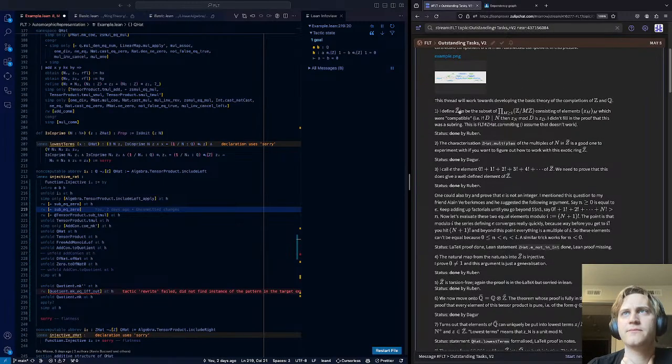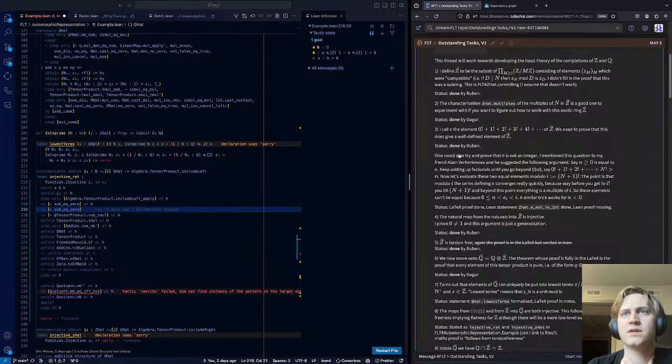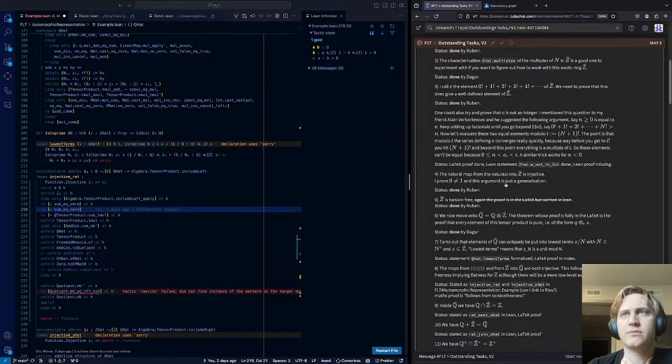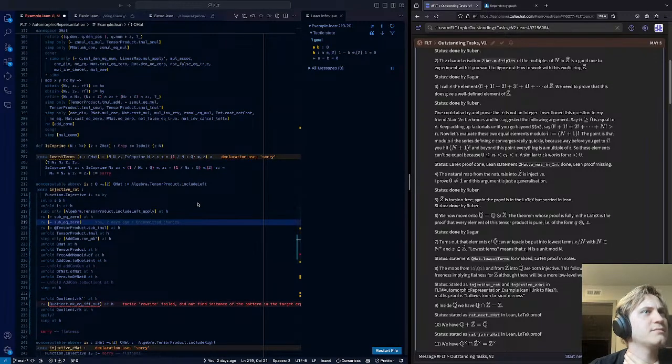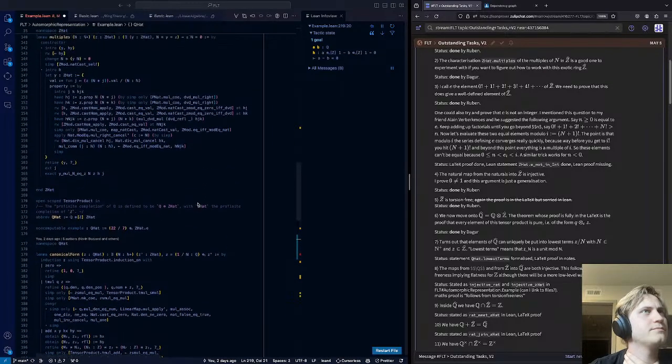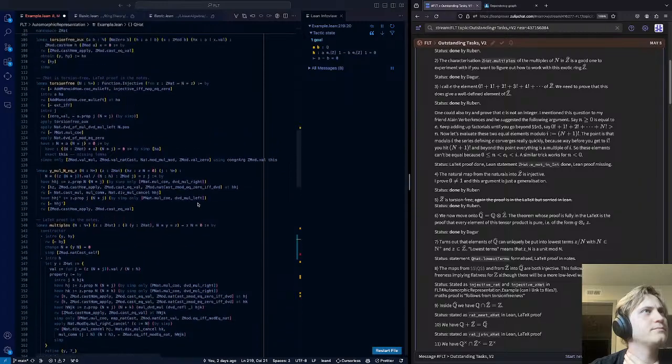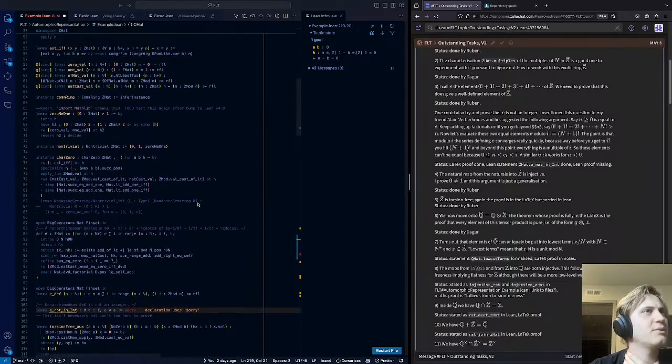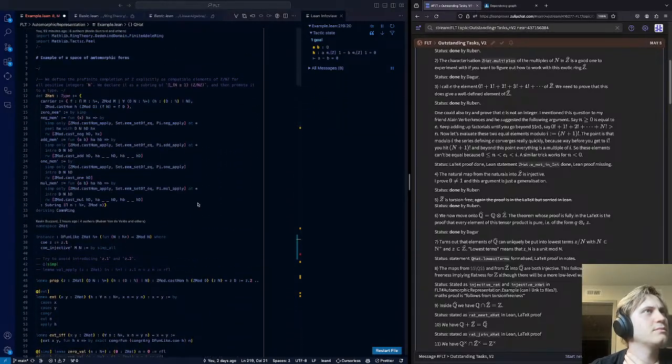This element. Done. Natural map is injective. The naturals into Z is injective. But do we have the equivalent thing for Q hat? You would think I would be able to see something similar.